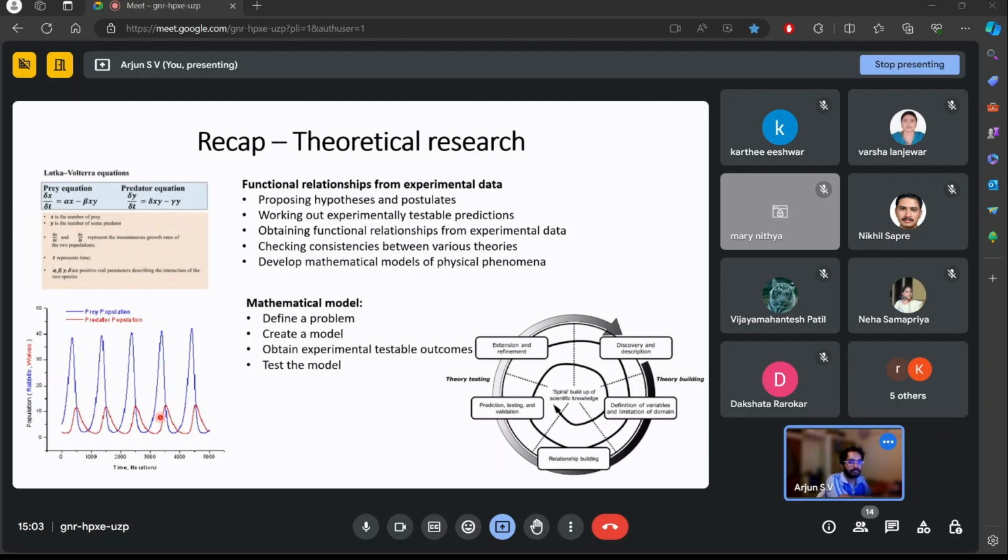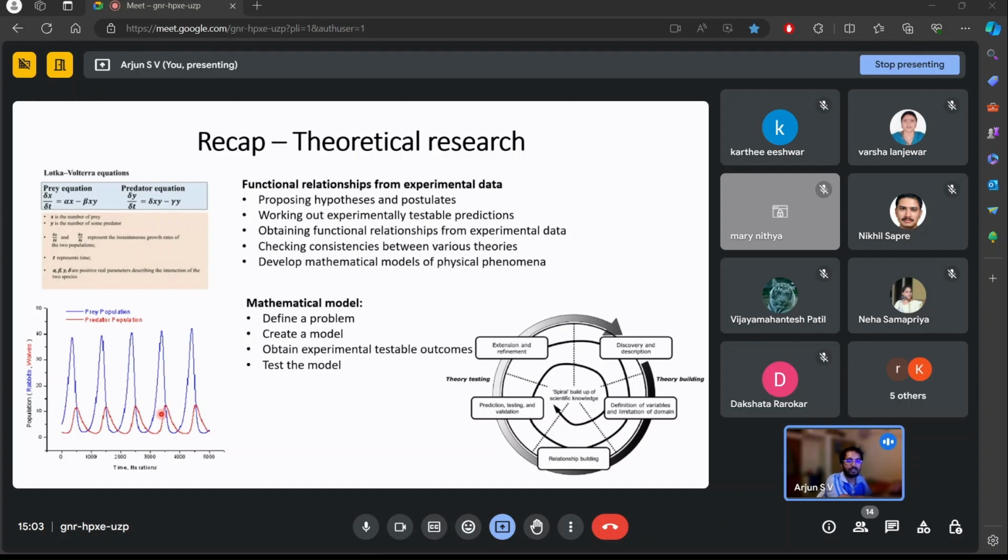From the examples of mathematical models, we later saw how functional relationships are obtained from experimental data and how theories are built. It was sort of a conclusion for what we saw in the previous 4 to 5 weeks.